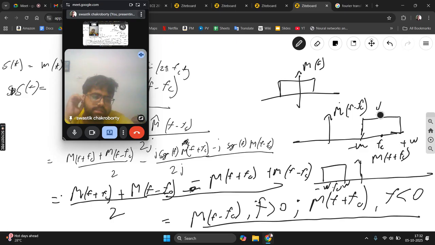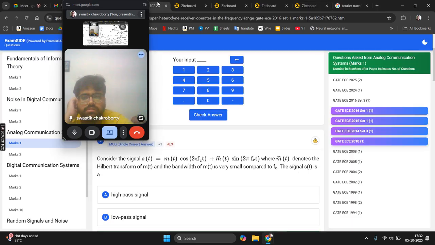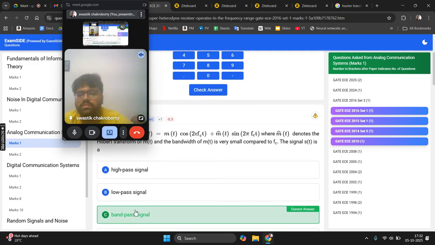In both cases, this is band pass, this is also band pass. So either way, the signal will always be band pass. So the correct answer is band pass, option C.